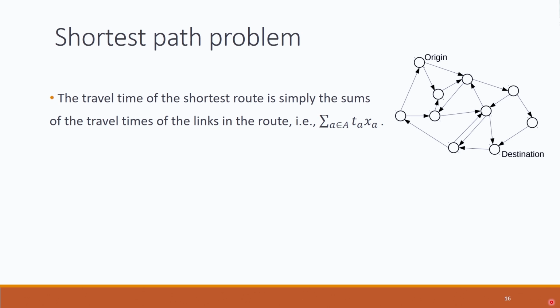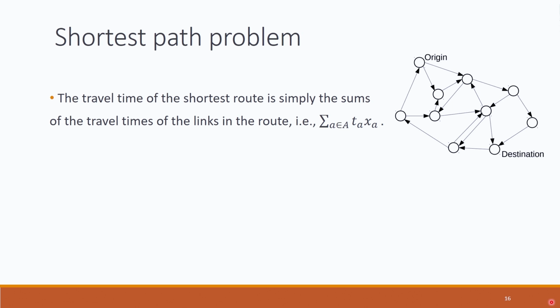Once we define that x_a is a binary decision variable and it takes value 1 if link a is part of the shortest path and 0 otherwise, then we can represent the objective function of this optimization problem as the summation of t_a x_a, where the summation goes over the set of all the links, capital A. It can be seen that if a particular link a is not part of the shortest path that you select, then x_a will be equal to 0, and therefore no contribution of travel time for that link will come into consideration in this summation.